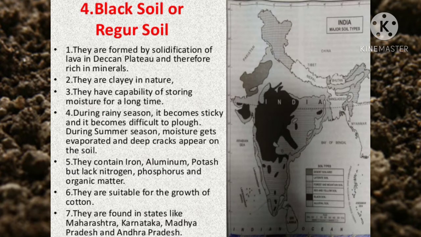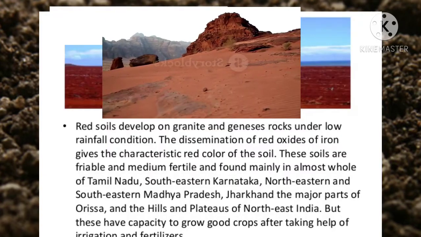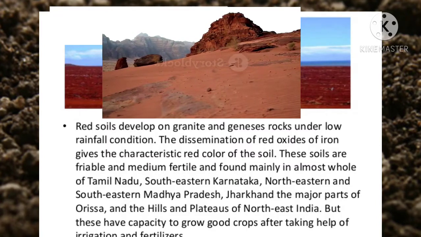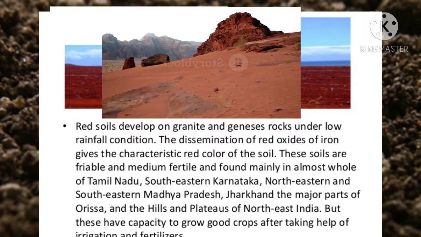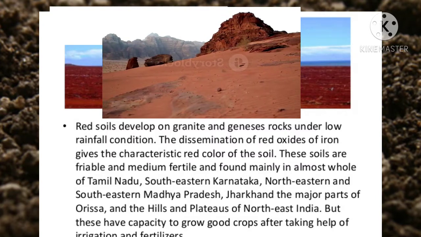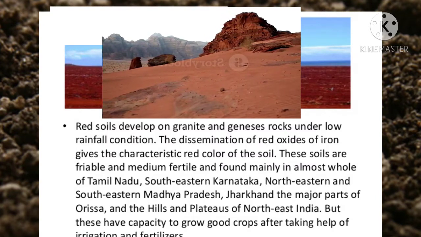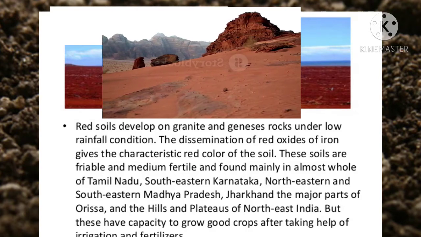Now the third type of soil which we get in India is red and yellow soil. These soils are found in Chota Nagpur Plateau, Telangana, Nilgiris, Tamil Nadu, Karnataka, Andhra Pradesh and areas on the periphery of the Deccan Plateau.